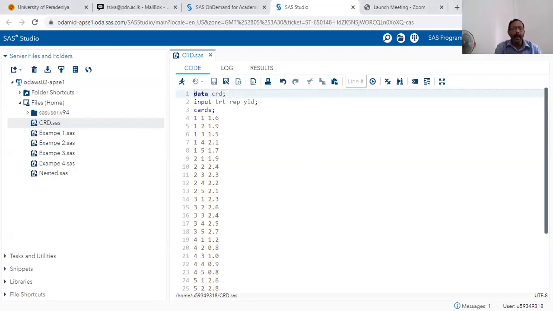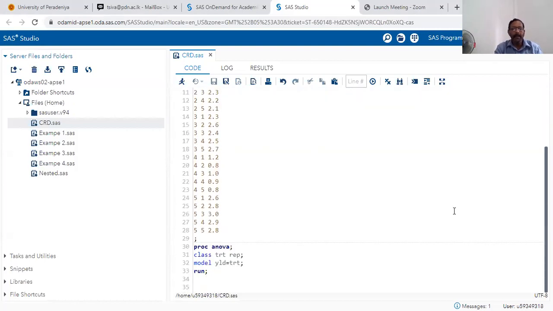So this is the same program, CRD. Data input. We have treatment, replicate, and yield. Then the cards. If you go through the data, at last we have the program like ANOVA.